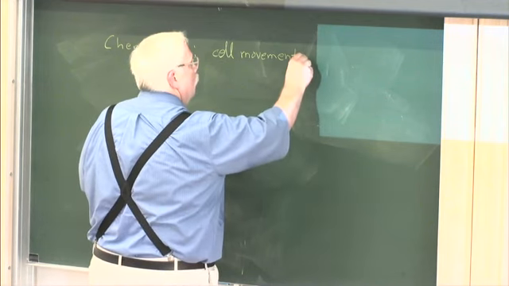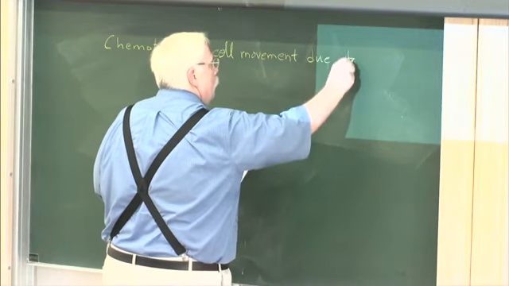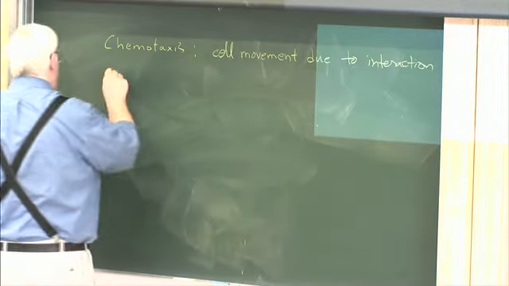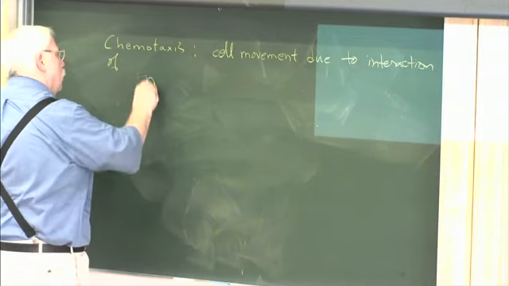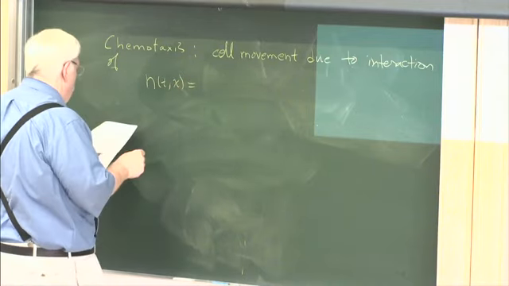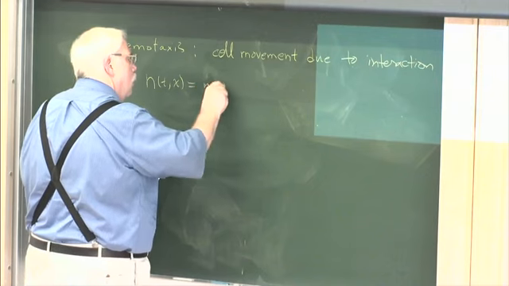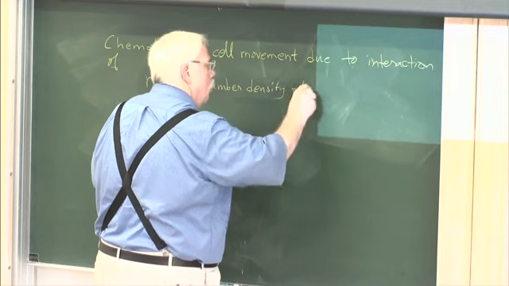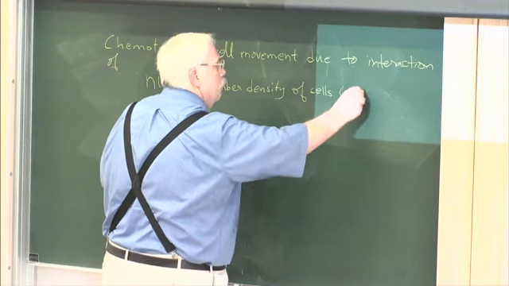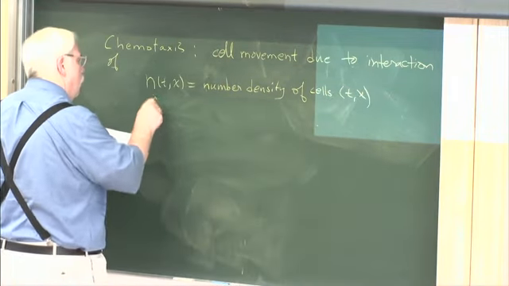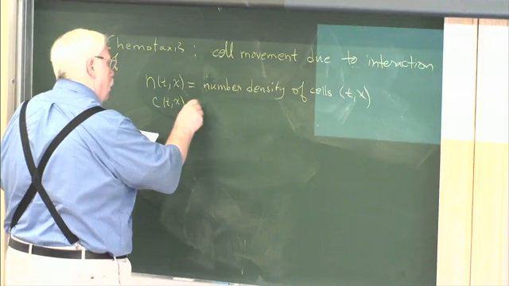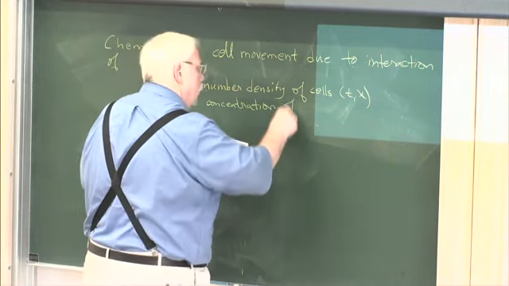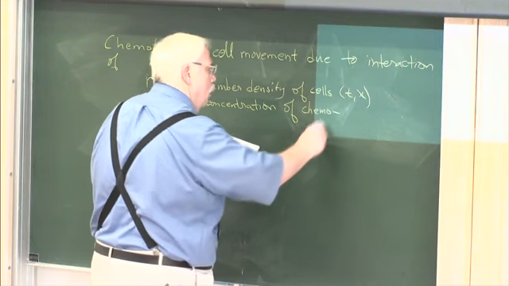Okay, and yeah, cell movement due to interaction of some concentration, n of t of x, which is the number density of cells in time t in position x, and c of t, which is the concentration of this thing, the chemoattractants.